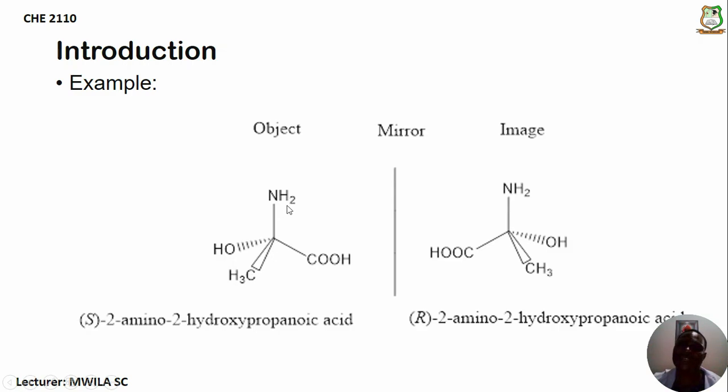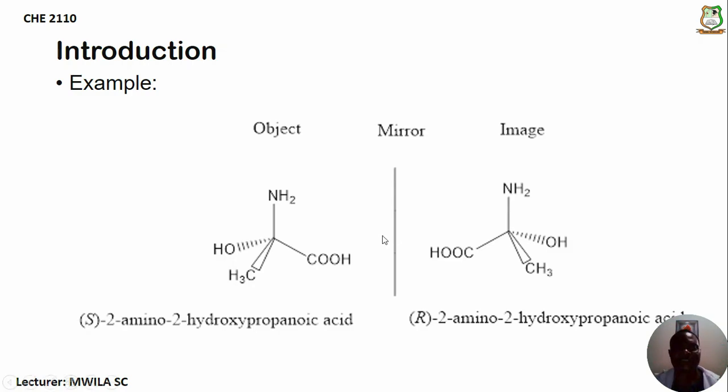Then we have the amine group and the carboxyl group arranged in the plane of the computer screen. This shows us how we present molecules in 3D on paper when we are writing.